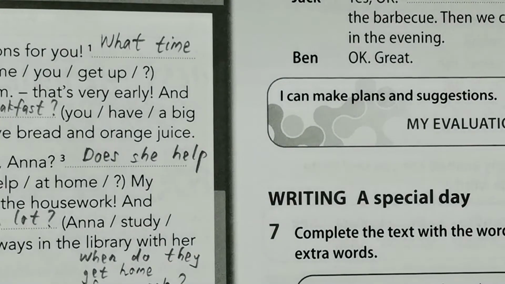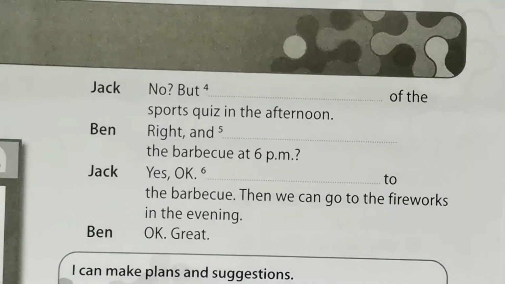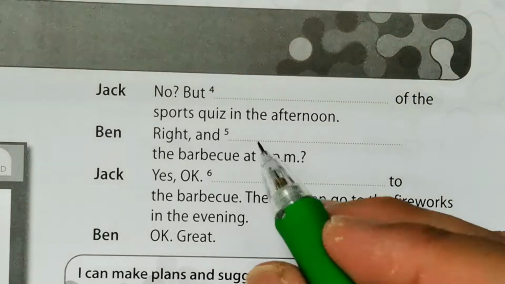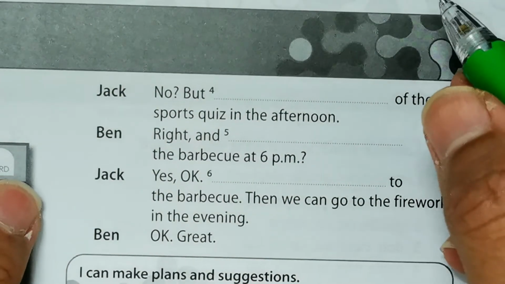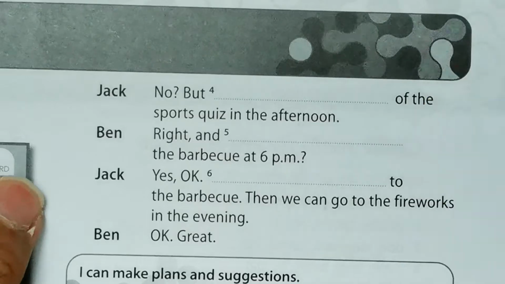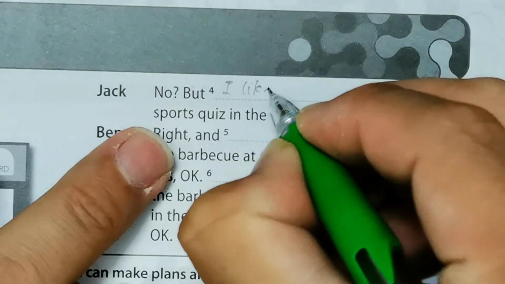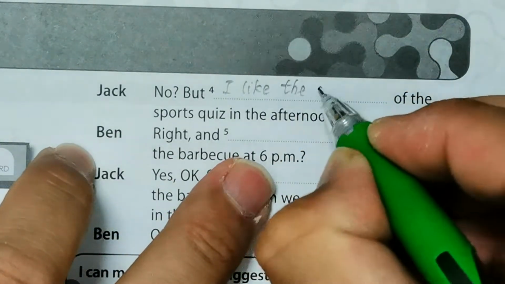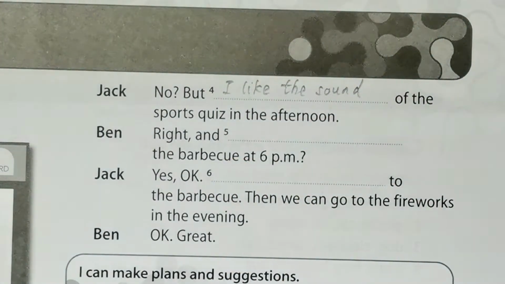So continue the conversation. Jack, no, but of the sports quiz in the afternoon. So number 4, we have I like the sound of the sports quiz in the afternoon.